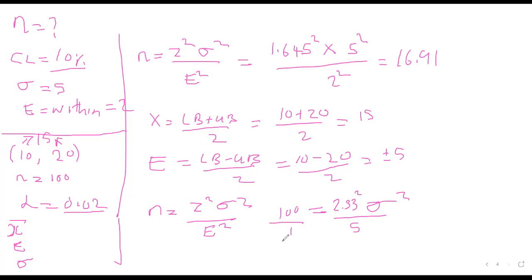So this by that, 5 squared times 100, that is 2500. 2.33 squared over variance. So we divide both sides by 2.33 squared. Please calculate for me our variance.